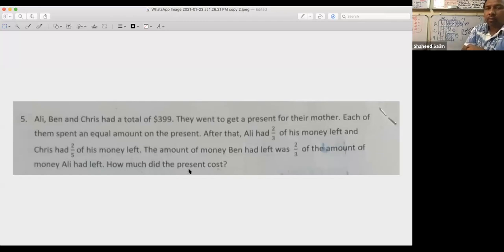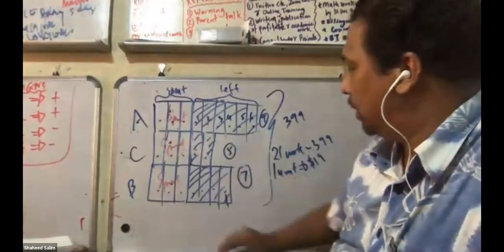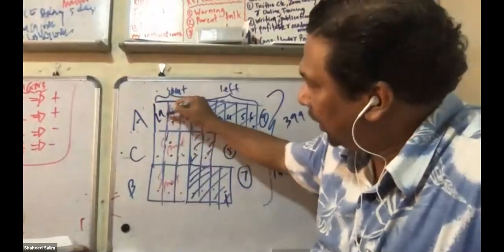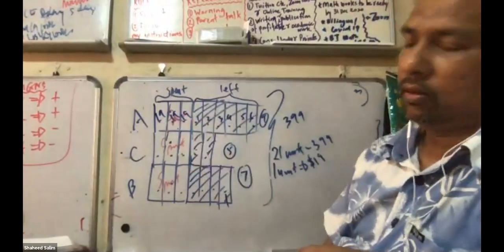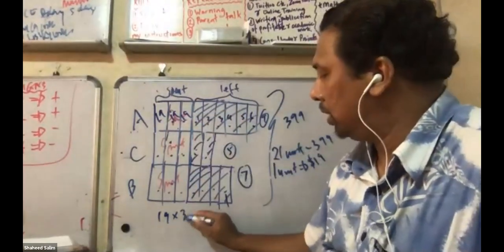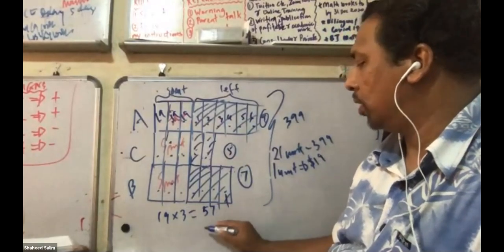How much did the present cost? So the present is the amount of money spent here. 1 is 19, so 19, 19, 19. The present costs 19 times 3. 19 times 3 equals how much? $57.